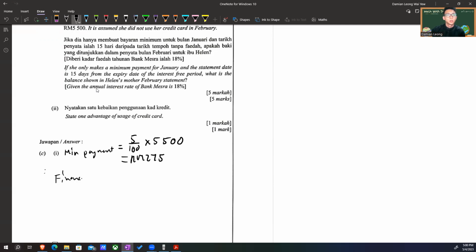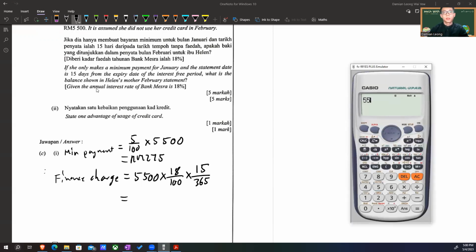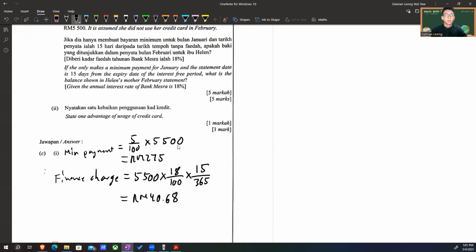Means it should be principal 5,500 times interest rate 18% times time 15 days out of 365. Time must be in years. So is 5,500 times 18% times 15 out of 365 days. So it's 40 ringgit 68 cents.